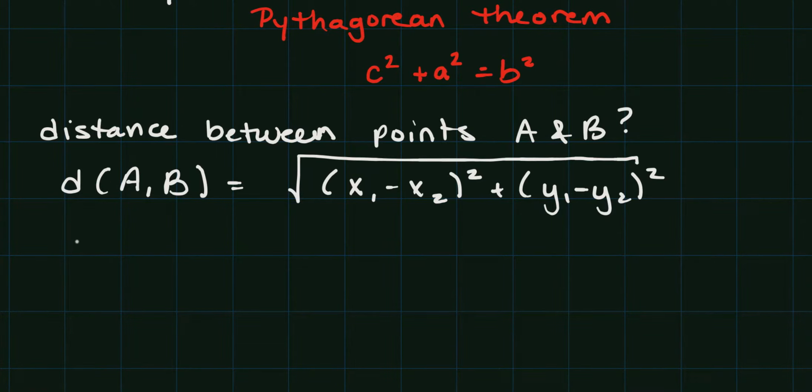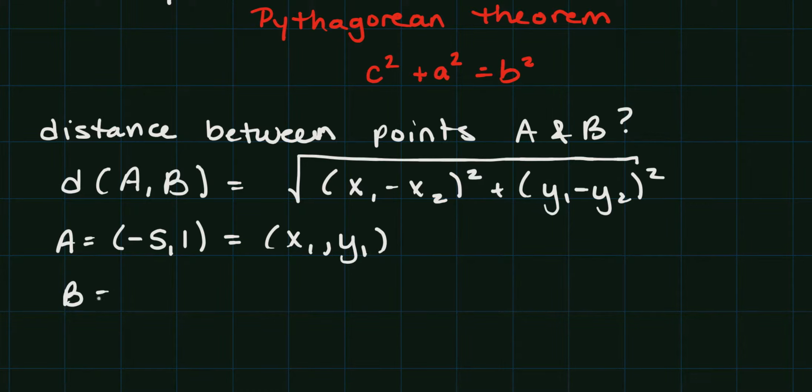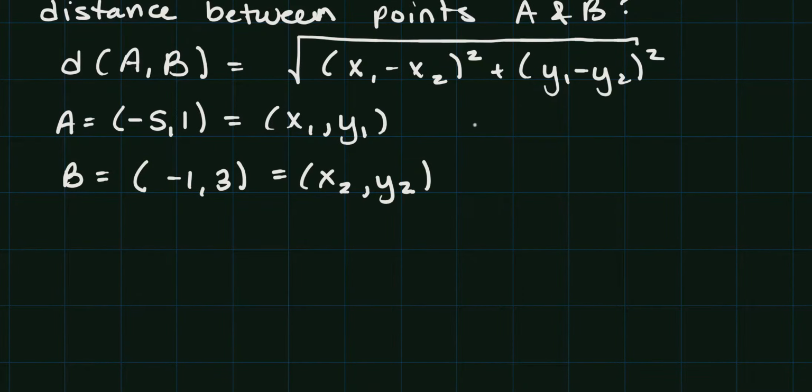So we're going to let A be the point -5, 1, which is x1, y1, and we're going to let the point B be -1, 3, which is x2, y2. And we're just going to plug all this information into this formula here.